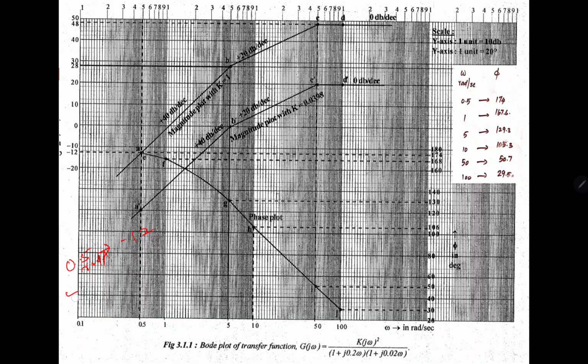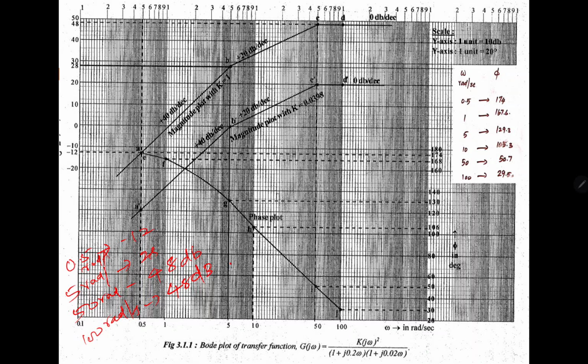For 5 radian per second, the point is around 28 dB. For 50 radian per second, it is around 48 dB. For 100 radians per second, it is again 48 dB. These are the 4 points we are going to draw.